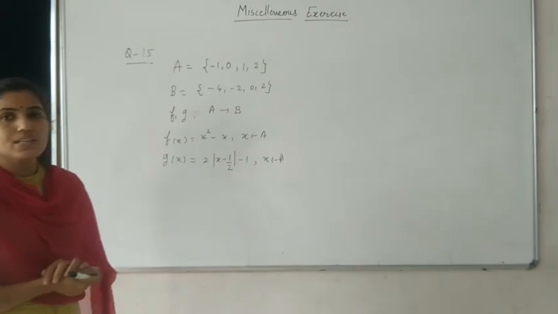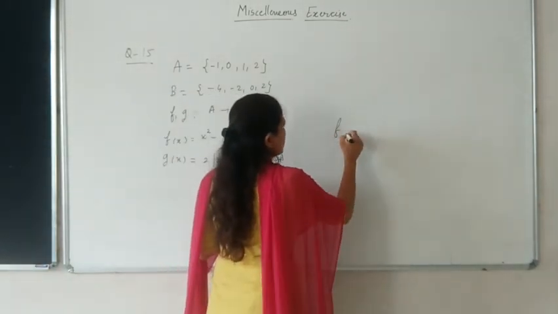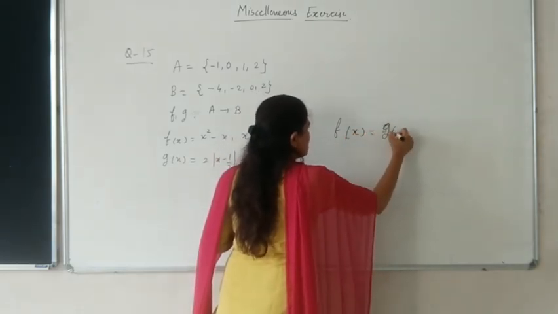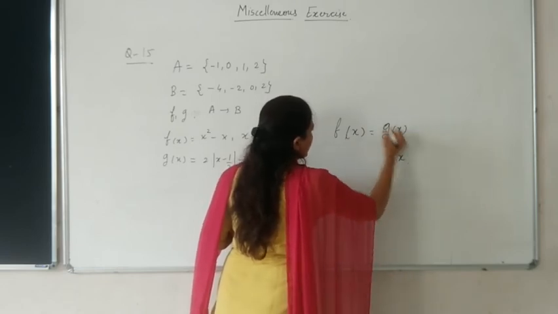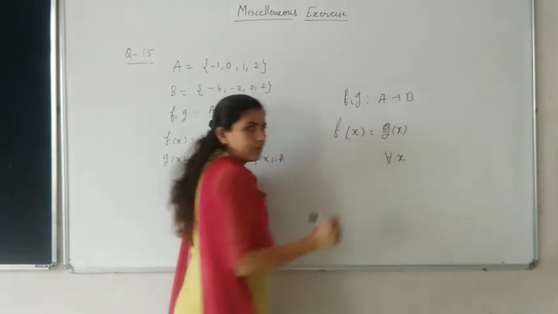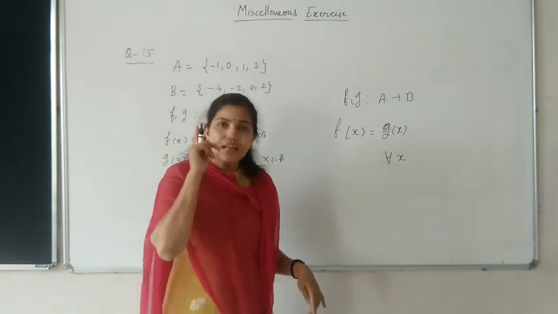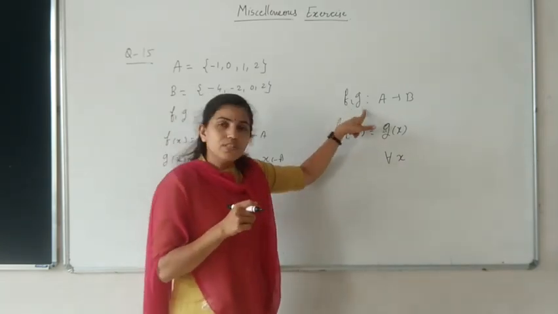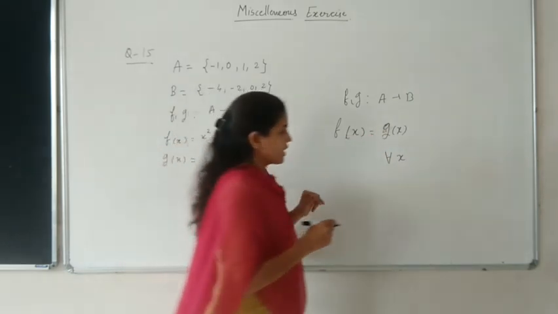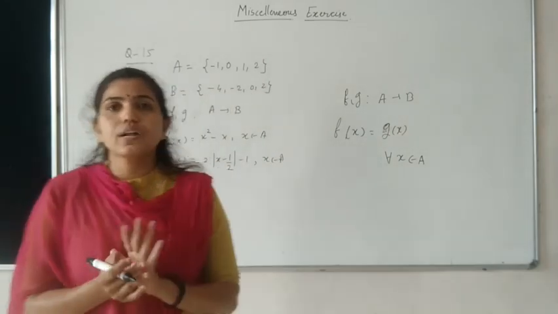So when can we say two functions are equal? Remember, for functions f and g from A to B, if f(x) is equal to g(x) for all x belongs to A, then we can say the functions are equal.